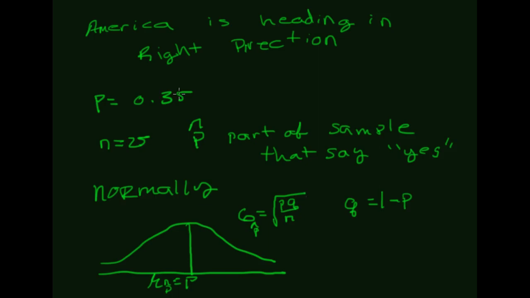So let's go back to our example here. All right, so in our example, P is 0.35, right? That's going to imply that Q is going to be 0.65 because 1 minus 0.35 is 0.65. We're taking samples of size 25.